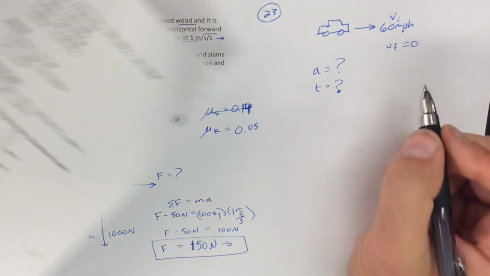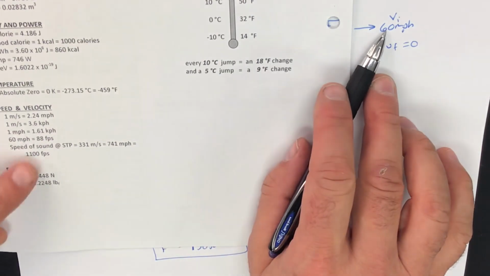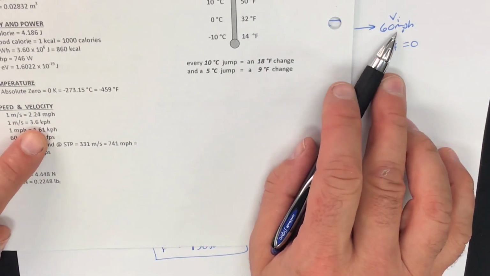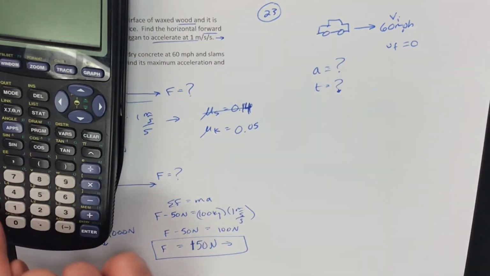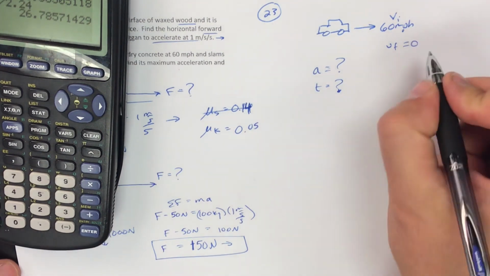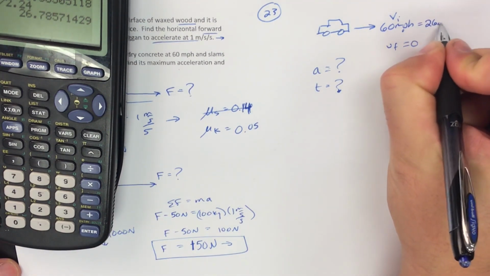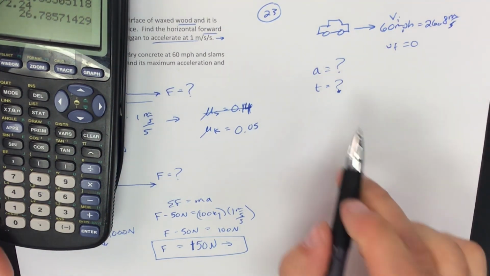Well, if you look at your reference tables and all your conversion factors, 1 meter per second is 2.24 miles per hour. So if I take the 60 miles per hour and divide by 2.24 to get me a smaller number, 60 divided by 2.24 equals 26.8 meters per second. All the values have to be in meters per second.